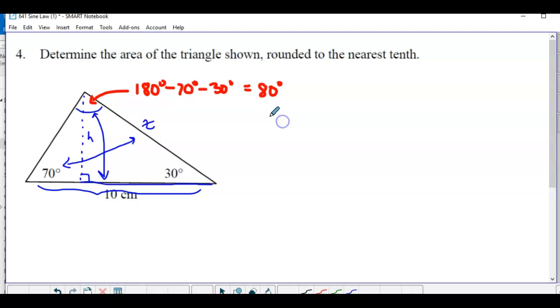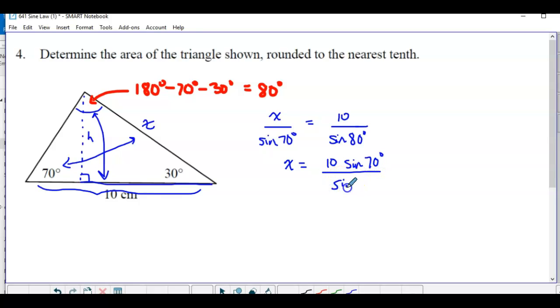We want to find x, it's opposite 70, so that's over sine 70. And 10 is opposite 80, so that's sine 80. So x equals 10 sine 70 over sine 80.